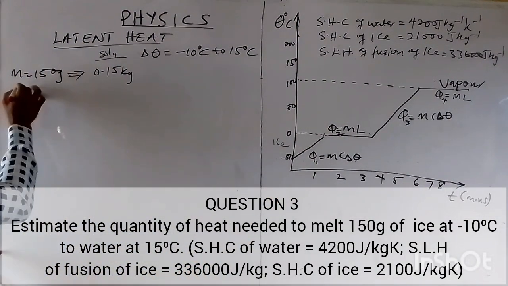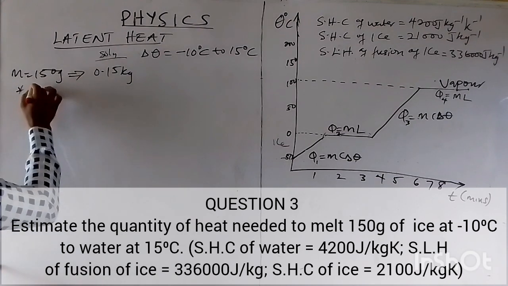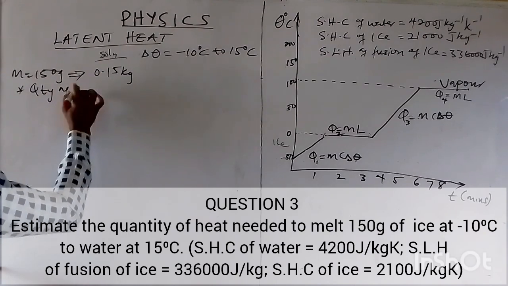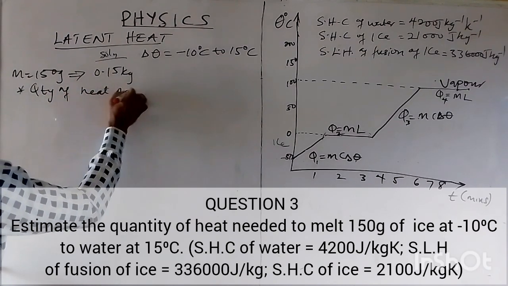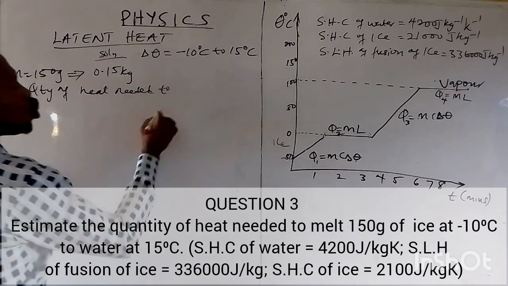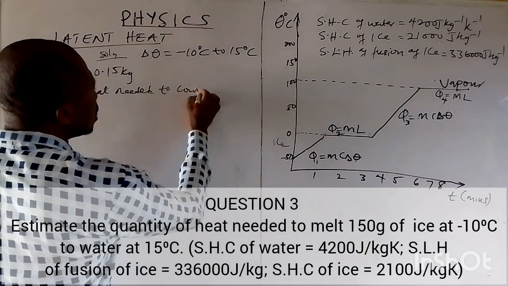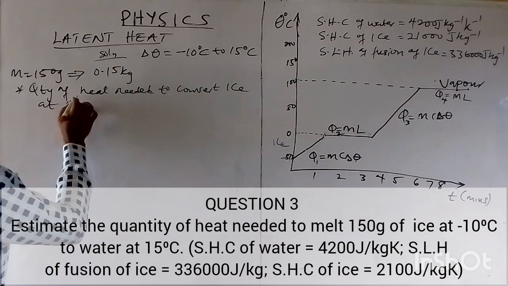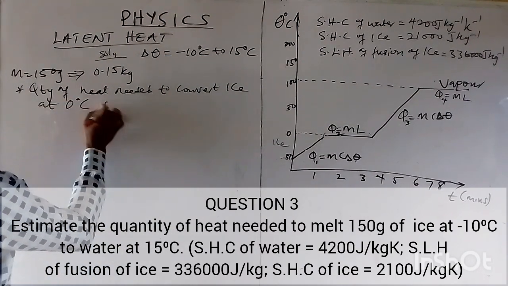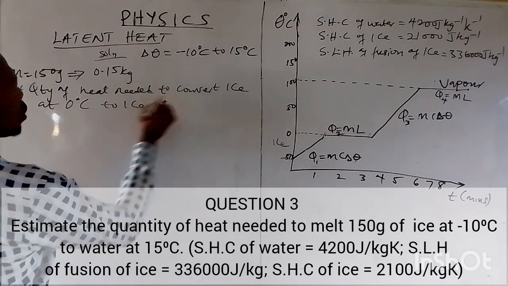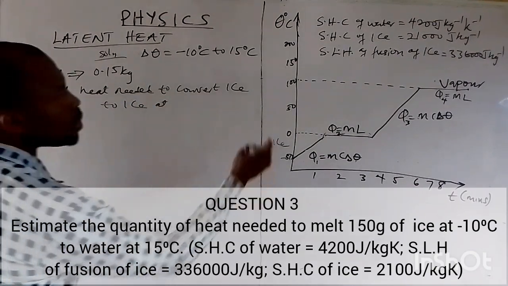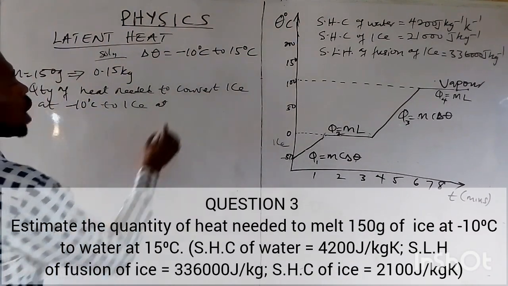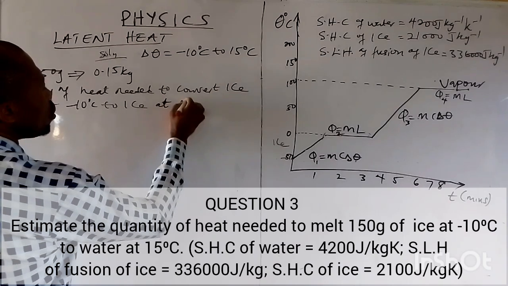So we now have the first one here, which is the quantity of heat needed to convert ice at minus 10 degrees Celsius to ice at 0 degrees Celsius.